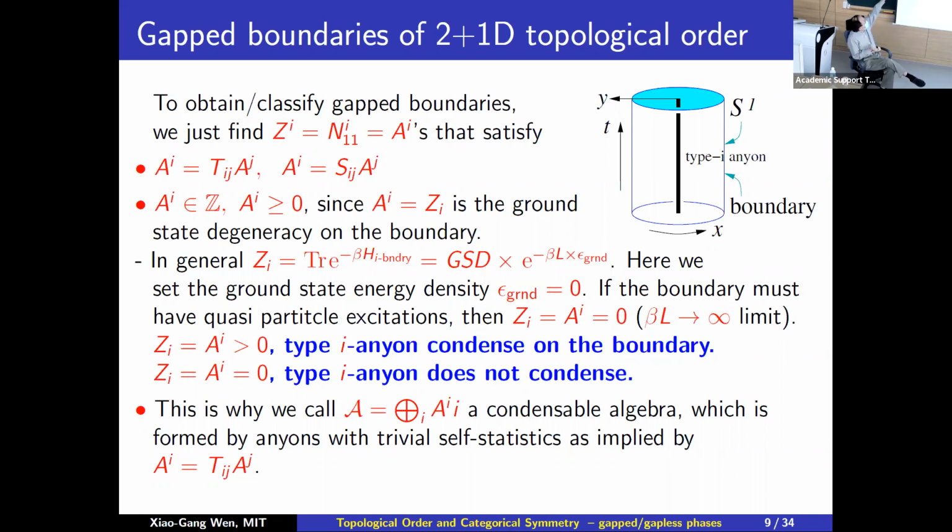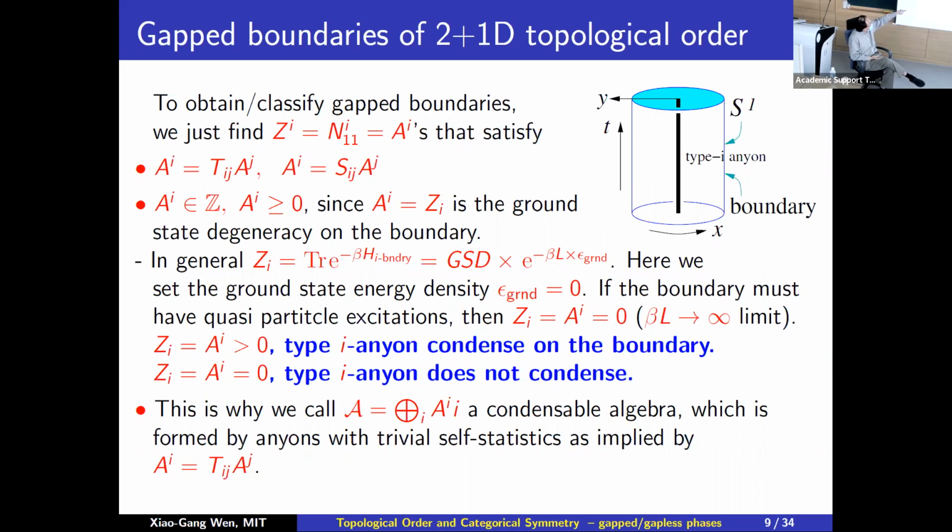If i bar cannot be absorbed by the boundary, so this anyon does not condense, then creating the bulk anyon means we must have a boundary anyon as well. The boundary anyon is not part of the ground state. When you have a boundary anyon, which has an energy gap, in conformal field theory an energy gap means the partition function is exponentially small. So that's 0.